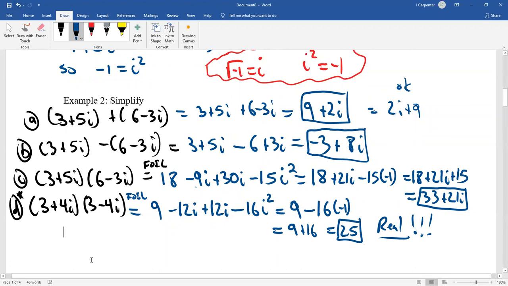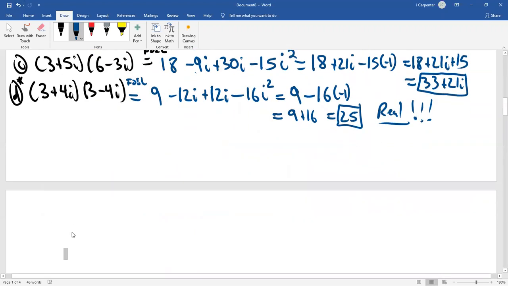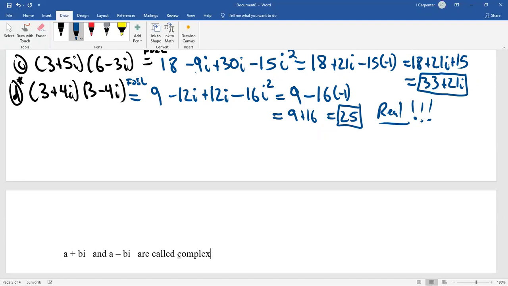So problem D right there really sets us up for what we're about to do. Sorry for the gap here. But when we have a plus bi and a minus bi, these are called complex conjugates.